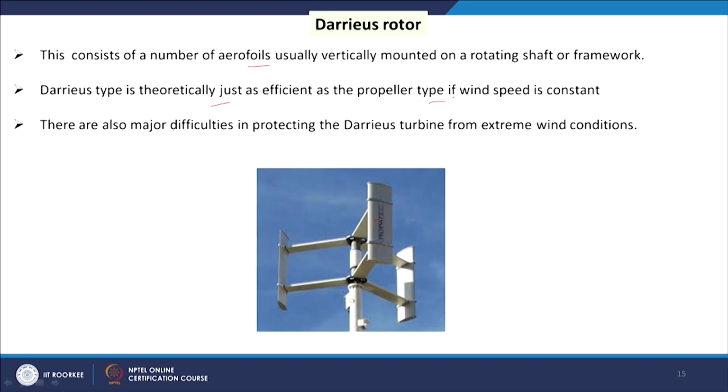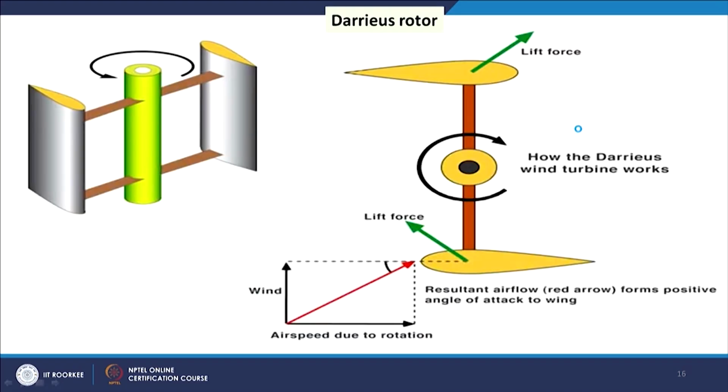So, its efficiency is better with respect to the Savonius type, and there are major difficulties in protecting the Darrieus turbine from extreme wind conditions. So, the lift will work in these directions and it will give some movement.